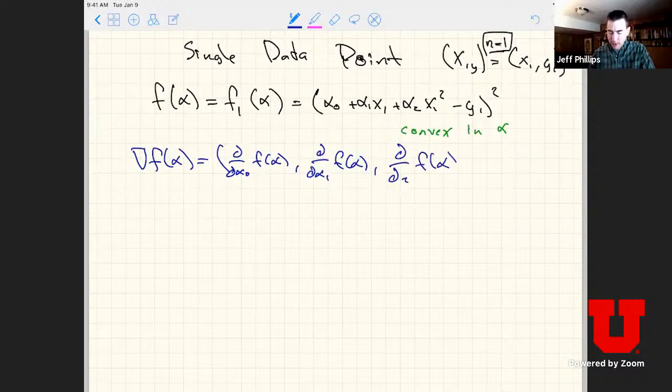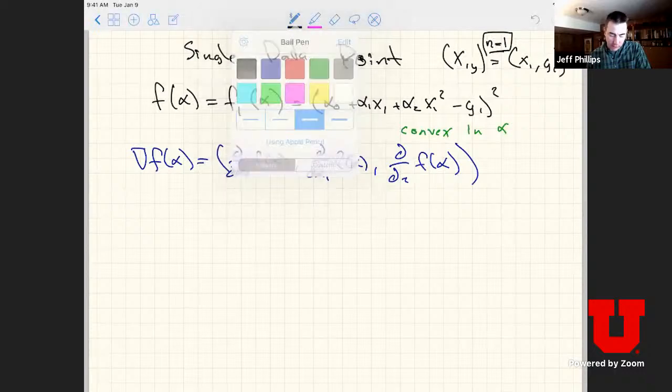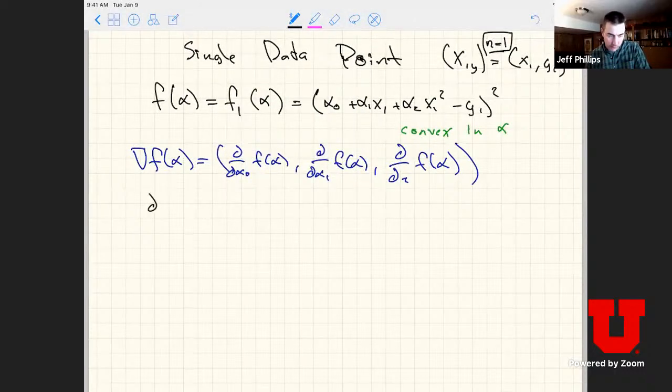If we want to compute the gradient, that's the one term we need in order to run gradient descent. Assume we know the learning rate, or we can use one of these backtracking line search techniques to start big and then adjust it down so it converges well. Then all we need is to be able to calculate this derivative. This is the key step here. So let's actually calculate this partial derivative. I'll use alpha j, since it's going to be symmetric for all j, of f of alpha.